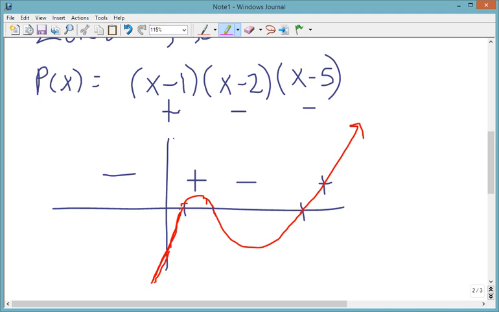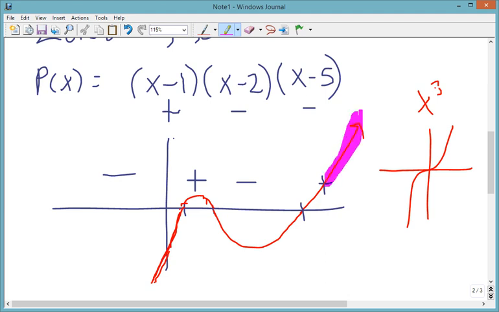And you notice that just like our x cubed function from our library of functions, remember, the end behavior, like we talked about in the last video, is that it goes up to infinity as x goes to infinity. It goes down to infinity as x goes to negative infinity.